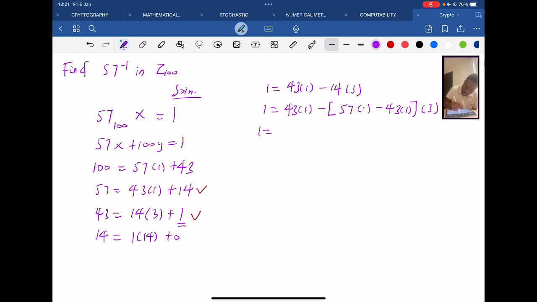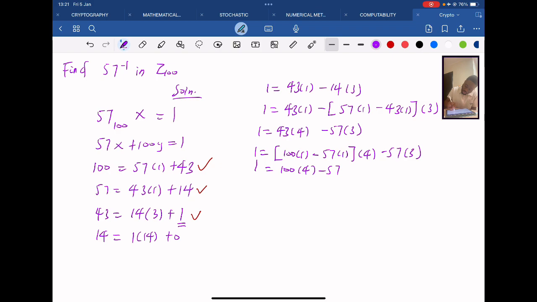So 1 is equal to 43 times 4 minus 57 times 3. Okay, now let's move on to the next equation, which is 43. So we are going to get 100 minus 57 times 1, all times 4 minus 57 times 3. So 1 will be equal to 100 times 4 minus 57 times 7.